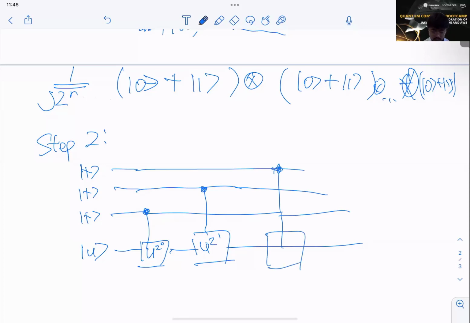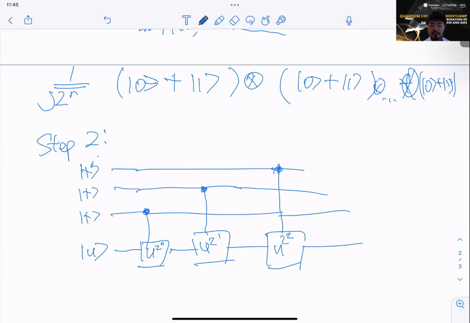Then U to the power of 2. Okay, so this is what the second step of the QPE does. And if you go all the way up, if you have more than 3 qubits over here, it can go. You can have as many as you want.